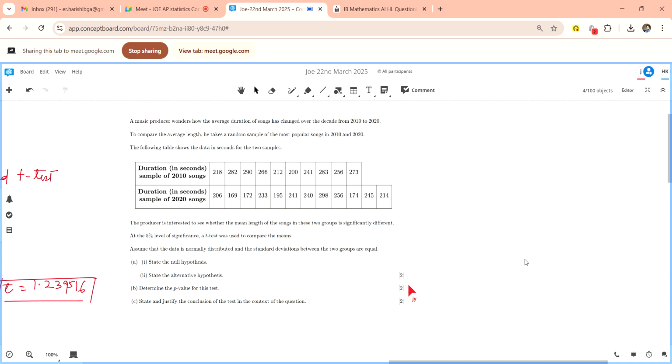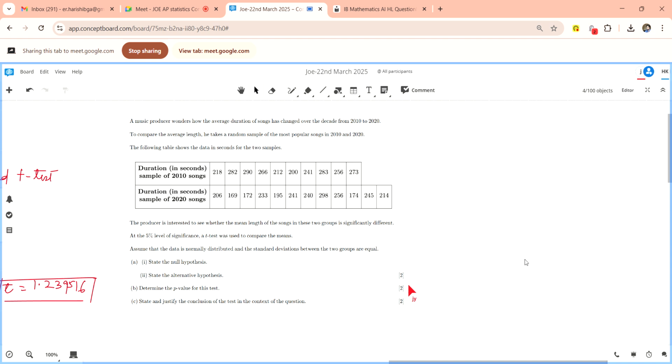A music producer wonders how the average duration of songs has changed over the decade from 2010 to 2020. To compare the average length, he takes a random sample of the most popular songs in 2010 and 2020.